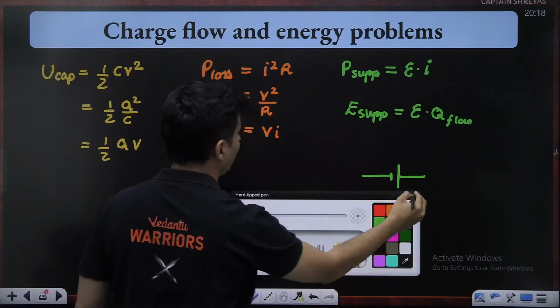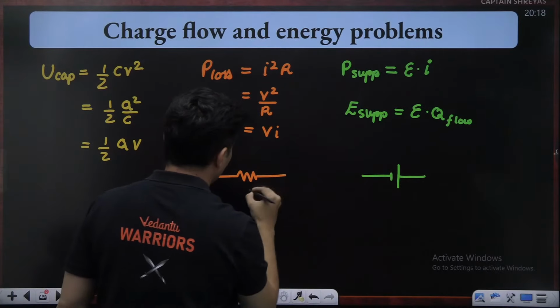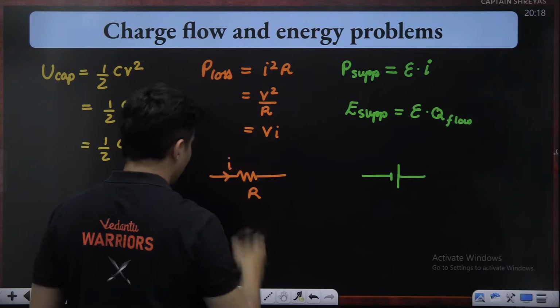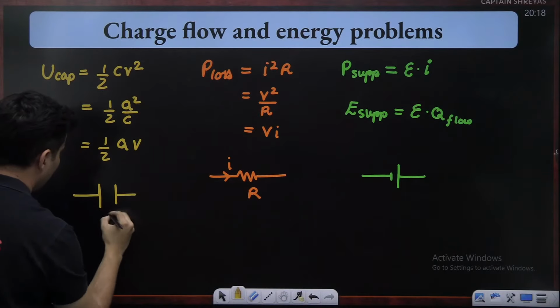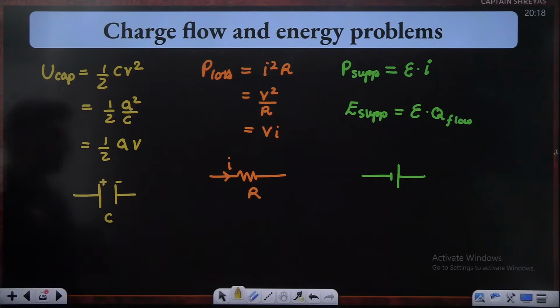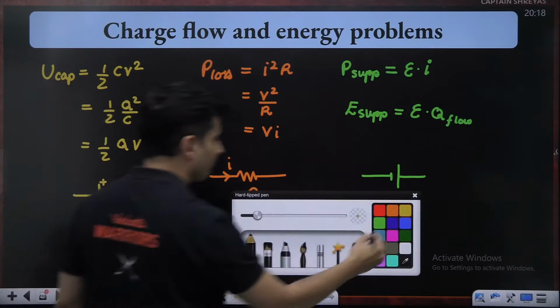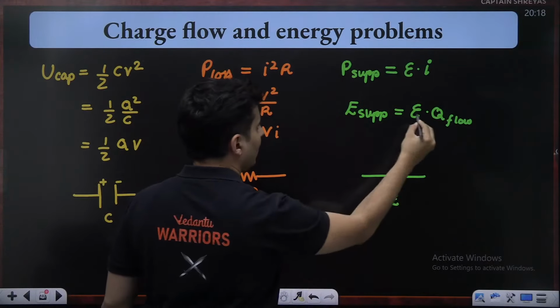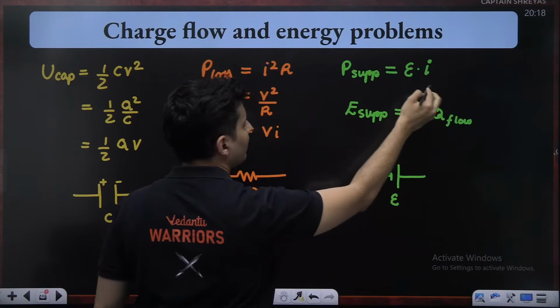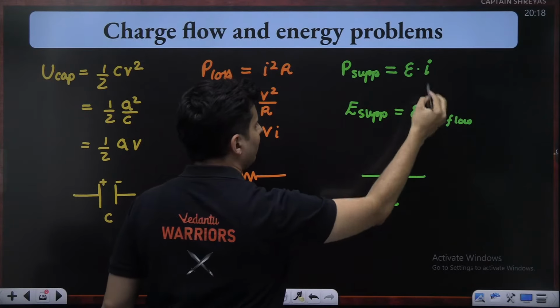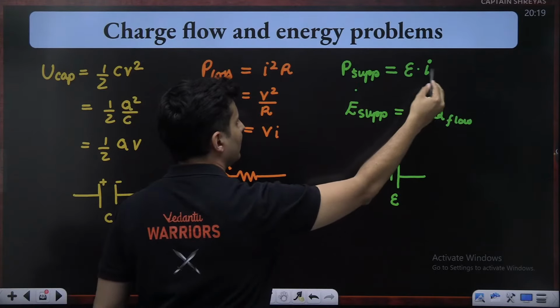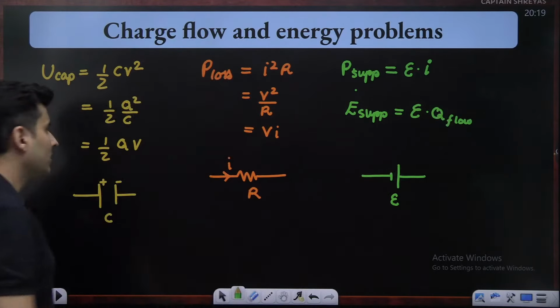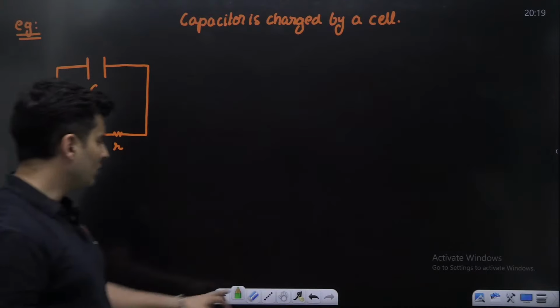Whatever I have written over here is for a resistor with some current in it. And whatever I have written over here is for a capacitor. Three different things. Energy is charge into EMF because current into time will be charge, because power is energy by time. So take that time here, time into current will be charge. These are the formulas. I will need it for solving this question.